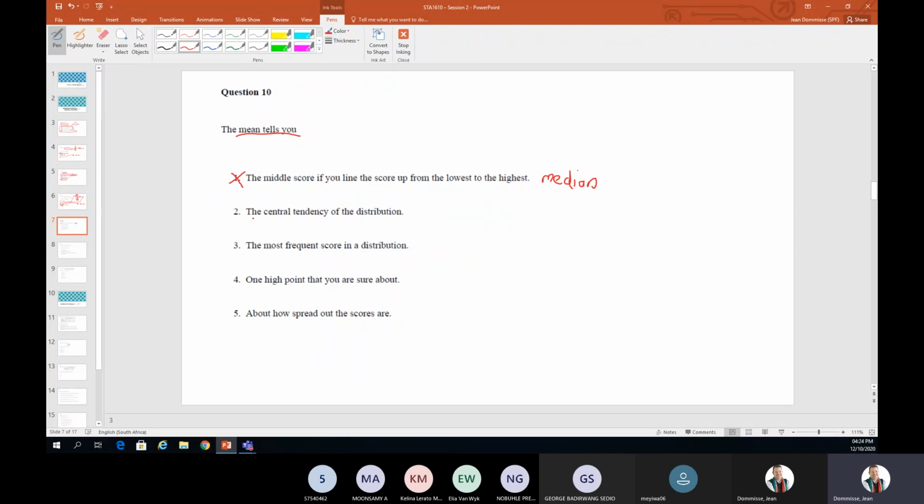Okay. So let's look at the central tendency of a distribution. Okay, so yes, it is, but we're missing mode and we're missing the median. So it's not the only one. So can't be.